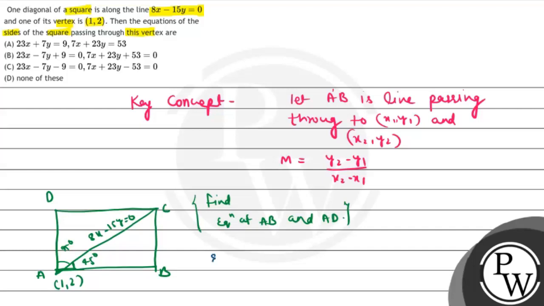So the equation of AC is given, that is 8x minus 15y is equal to 0. From here we can write y is equal to 8 by 15 x. So from here the slope of AC is 8 by 15.